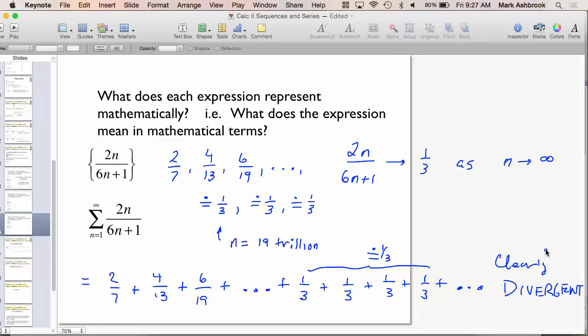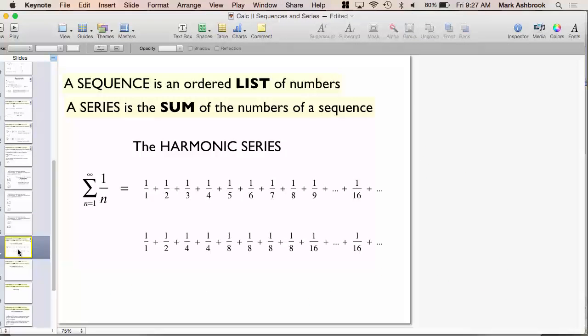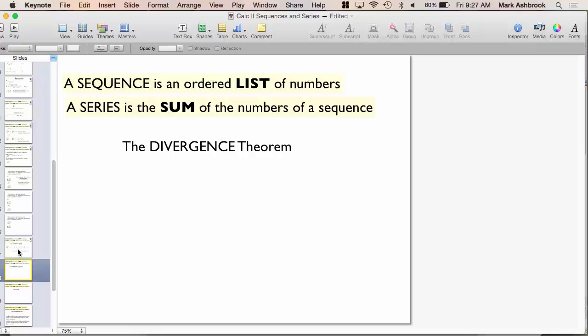Let's write that out. Does the principle make sense before I erase what I wrote? Most important underlying idea about series. So here we go. Divergence theorem.